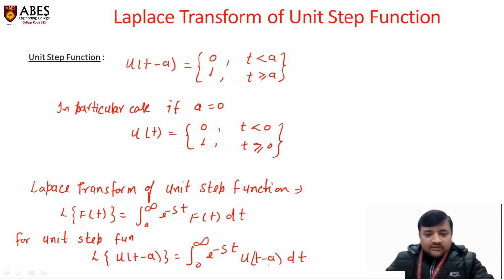But we all know that u(t minus a) is the unit step function, so its value is defined in two intervals. The one is when the value of t is smaller than a, and when the value of t is greater than or equal to a. So we'll break the limits 0 to infinity in two parts. The one is 0 to a and the other is a to infinity.